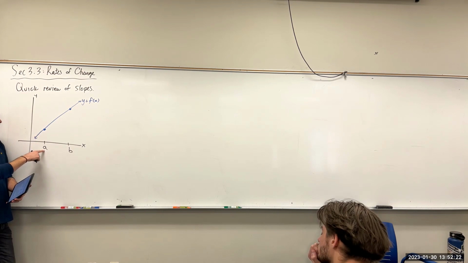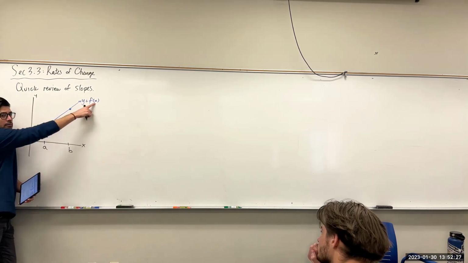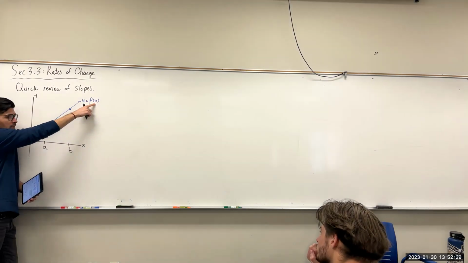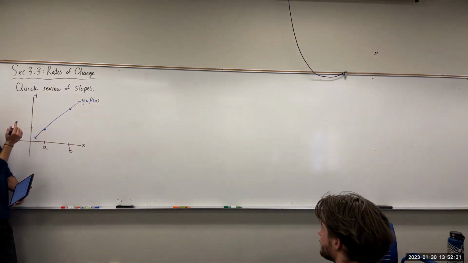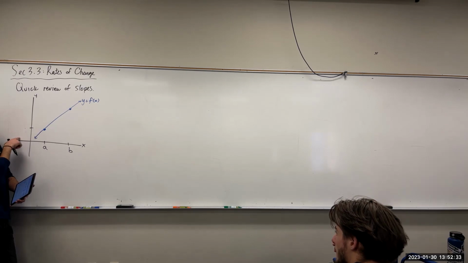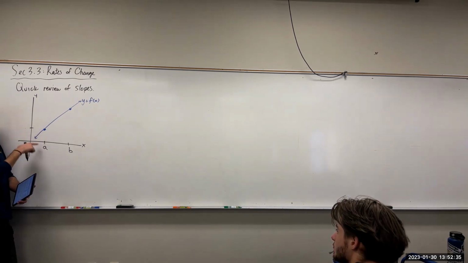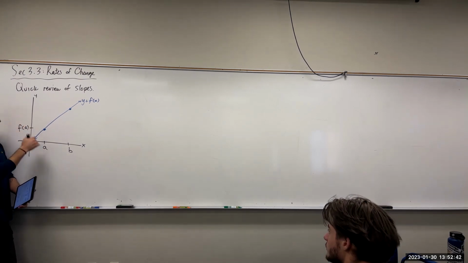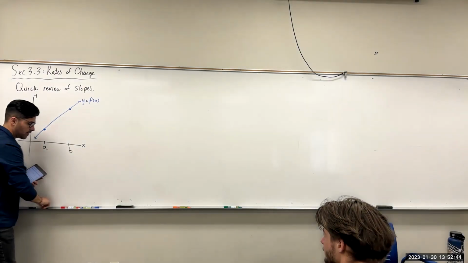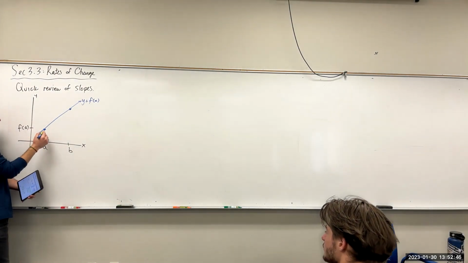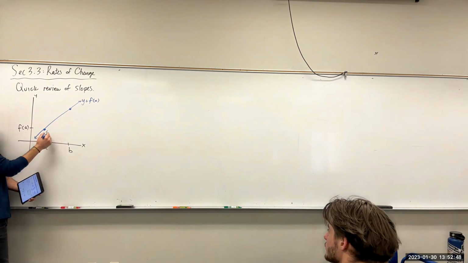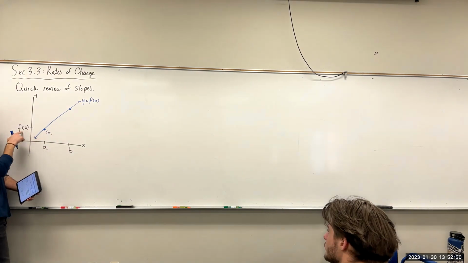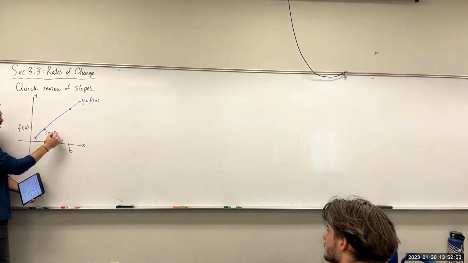So when you plug in a to get that point, you're really plugging that a into f. So that y value, what are we going to call it? f of a, yeah. And so the coordinates of this point are the x value we're calling a, but the y value we're calling f of a.